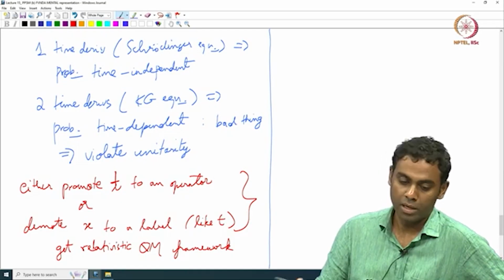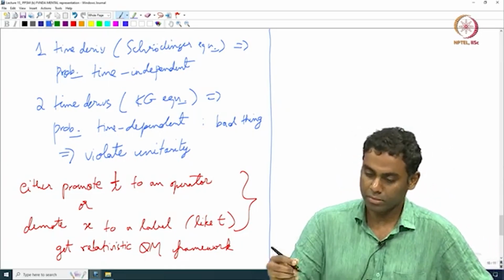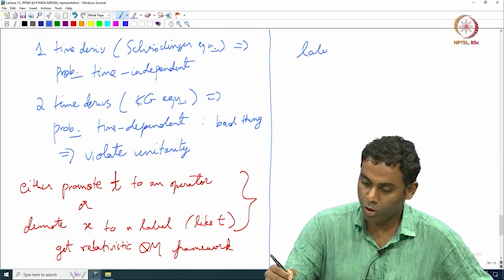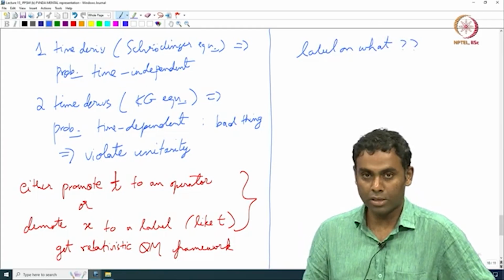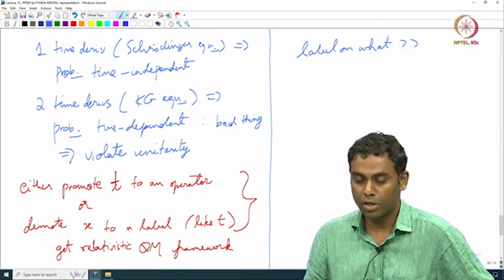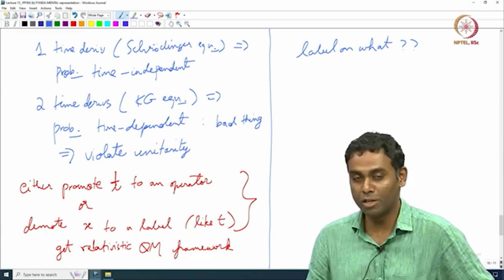Now when I put it that way, you can ask, okay, it's a label, but a label on what? Earlier we saw that time was a label, but it was a label on the wave function. But I just told you that we cannot interpret this as a wave function. So then what are we talking about?